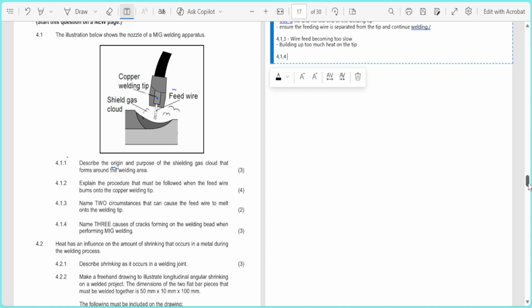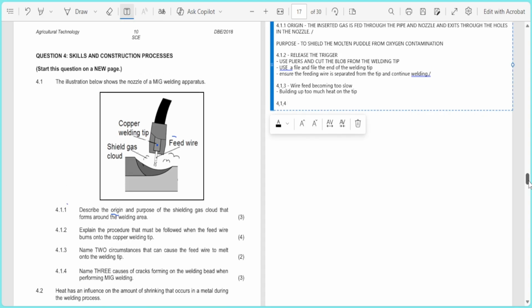So we only need to mention 3 causes for cracks in welds.